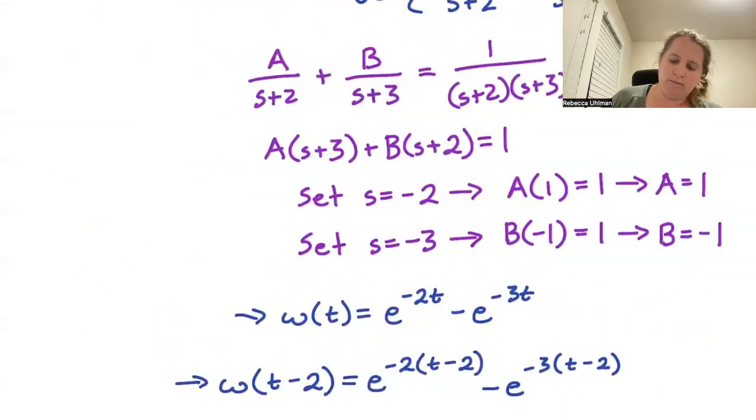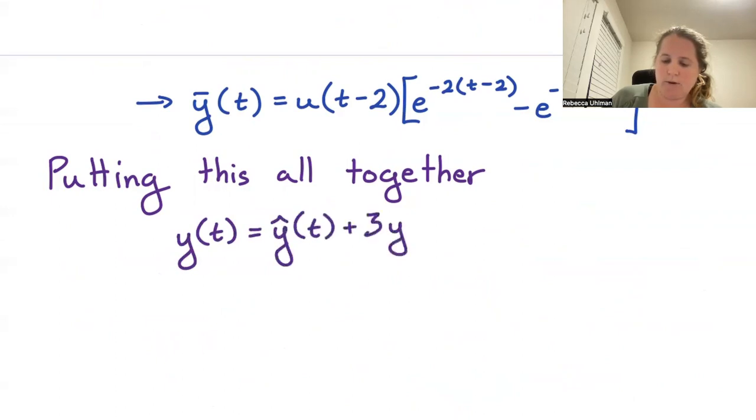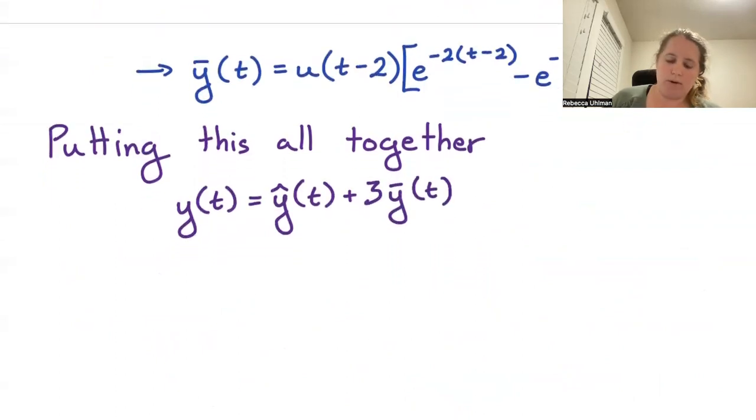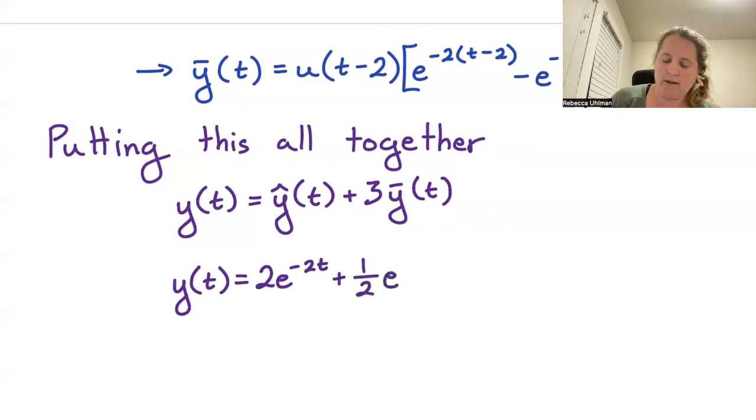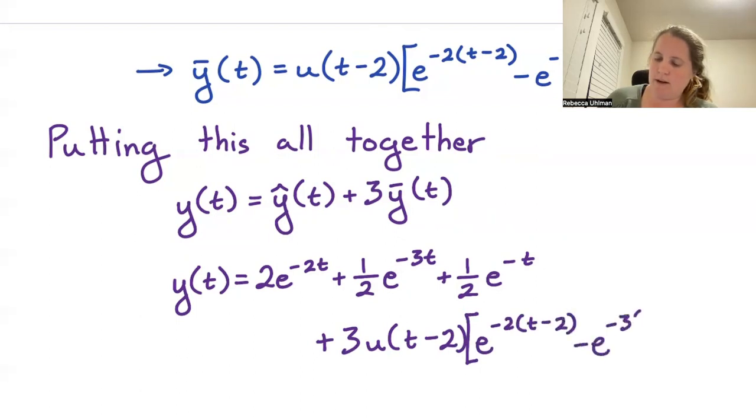So we have solution y of t is equal to y hat of t plus 3 times y bar of t, or y of t is equal to 2e to the negative 2t plus 1/2 e to the negative 3t plus 1/2 e to the negative t plus 3 u of t minus 2 times e to the negative 2 times t minus 2 in the exponent minus e to the negative 3 times t minus 2 still in the exponent.